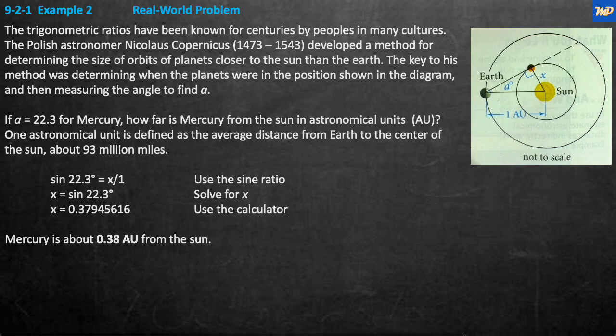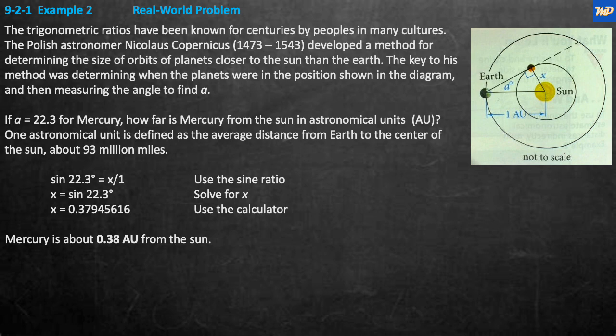Okay, example 2, a real-world problem. The trigonometric ratios have been known for centuries by peoples in many cultures. The Polish astronomer Nicholas Copernicus, from 1473 to 1543, developed a method for determining the size of orbits of planets closer to the Sun than the Earth.